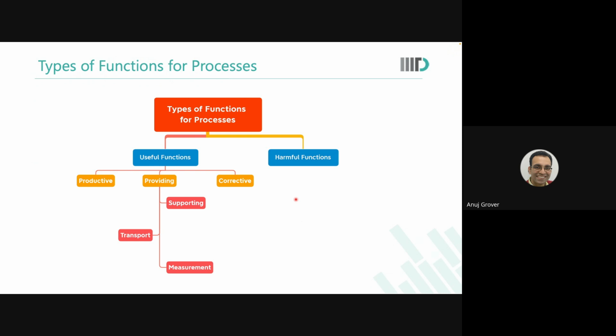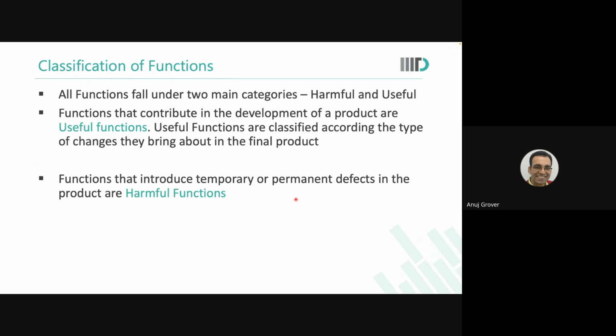So first is useful functions and harmful functions. This classification is fairly simple. Functions that contribute in the development of the product are useful functions. Useful functions are classified according to the changes that they bring about in the final product. Functions that introduce temporary or permanent defects in the product are harmful functions.